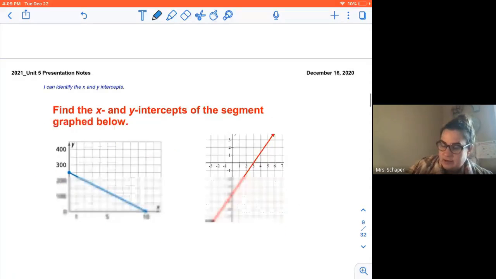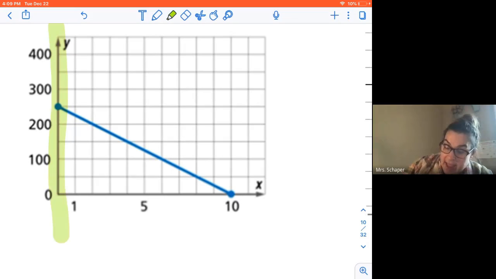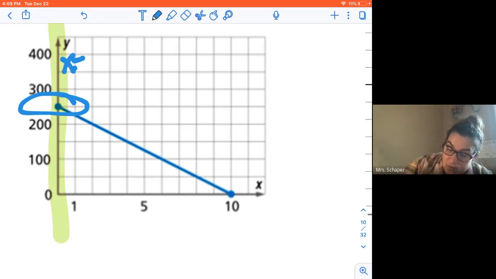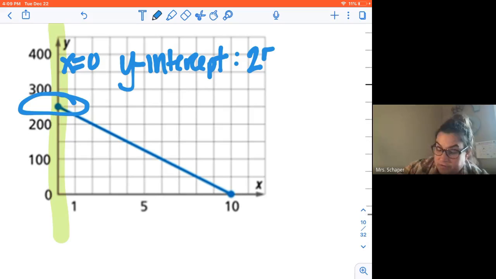Let's take a look here. My y-intercept is where my graph crosses the y-axis. At the y-intercept, my x is 0, which means that my y-intercept is going to be 250 because it's right between 200 and 300.